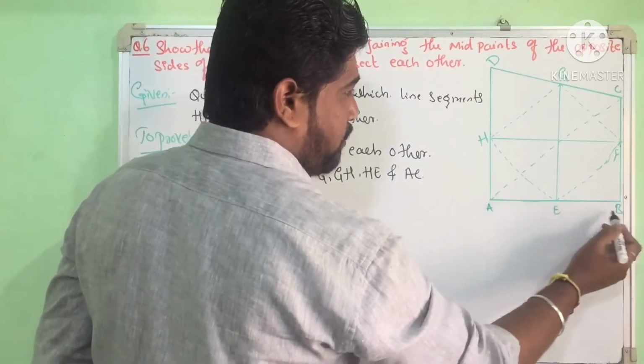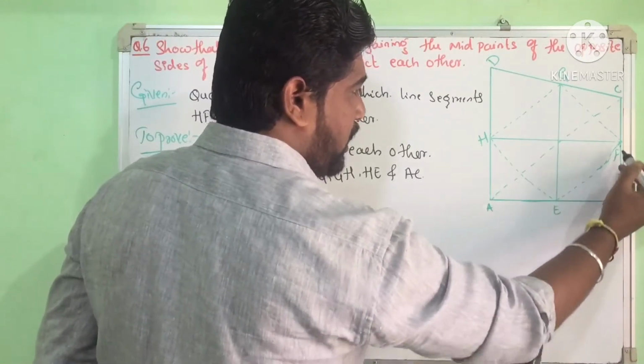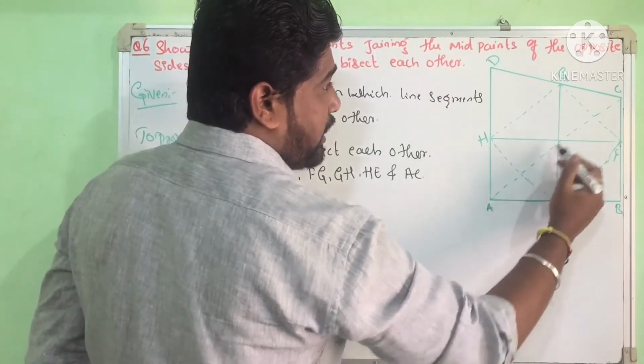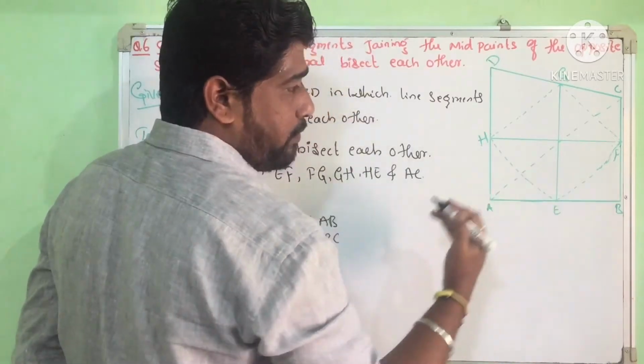So in a triangle ABC, E is the midpoint of AB and F is the midpoint of BC. It means AC is parallel to EF by the midpoint theorem.